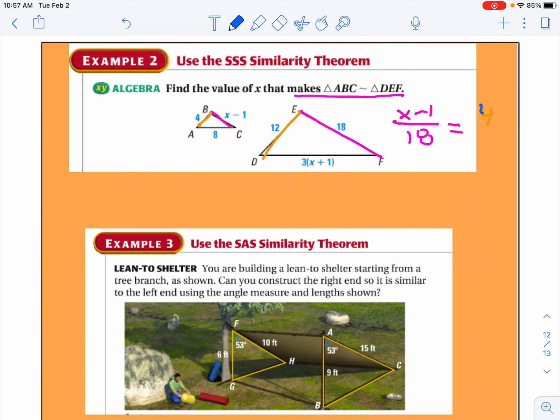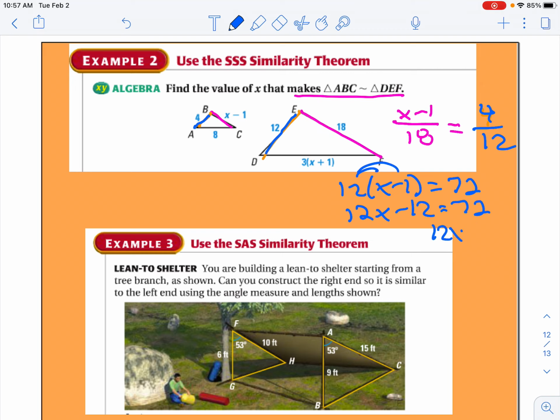Let's use a different color here. Okay, so these two right here. Now we're going to cross multiply, and we get 12 times x minus 1 is equal to 18 times 4, which gives us 72. Now we need to use the distributive property. We get 12x minus 12 equals 72.